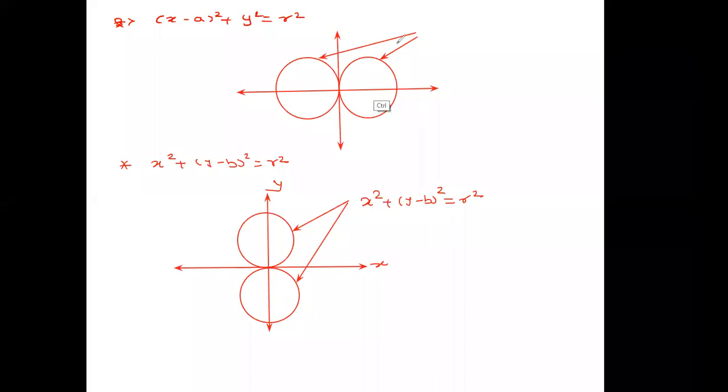Just a bit of change in the equation. So what is the equation we got? X minus a bracket square plus y square is equal to r square.